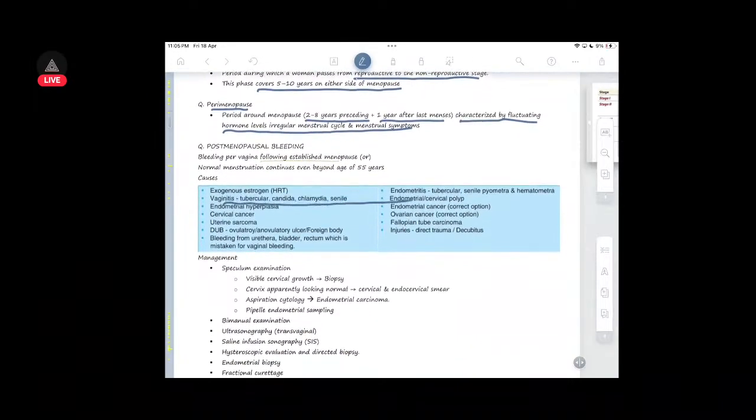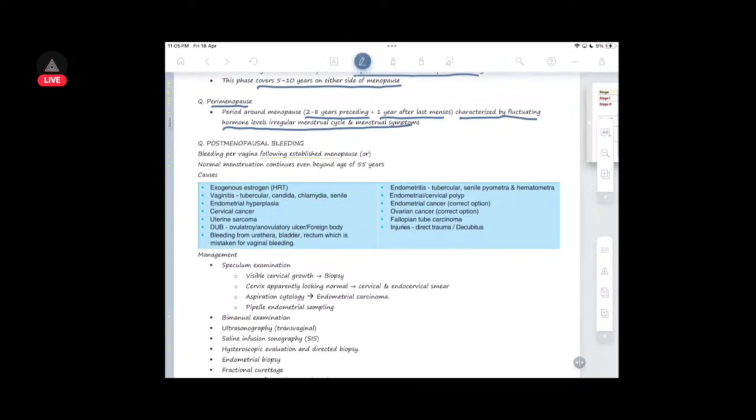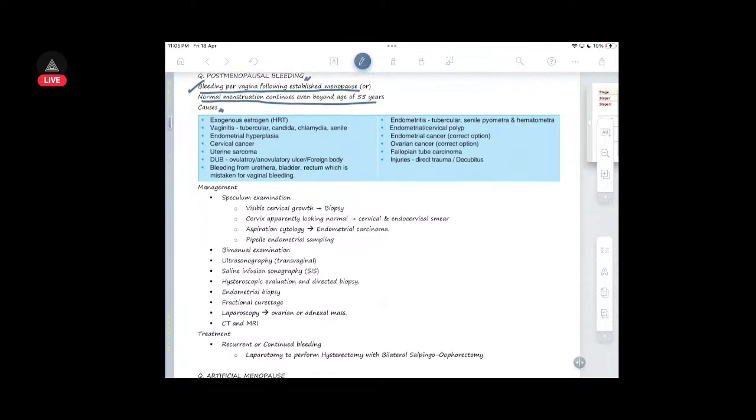Okay, then we move on to postmenopausal bleeding. So, bleeding per vagina in an established menopause, or normal menstruation continues even beyond 55 years of age. So, only the first definition is correct. I feel the second one, I doubt it's postmenopausal bleeding. Then causes.